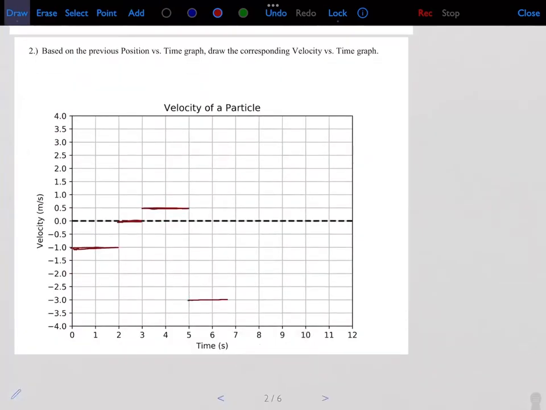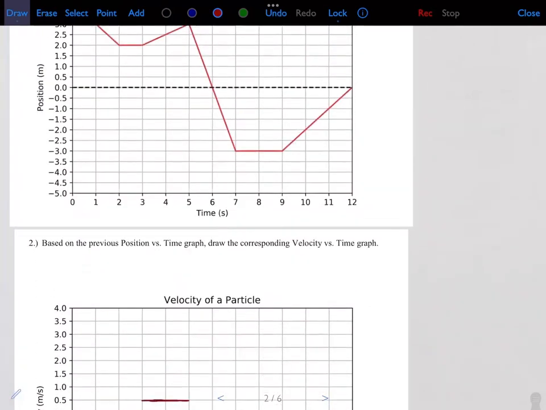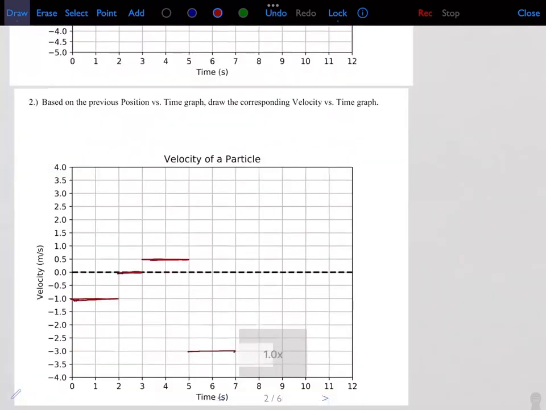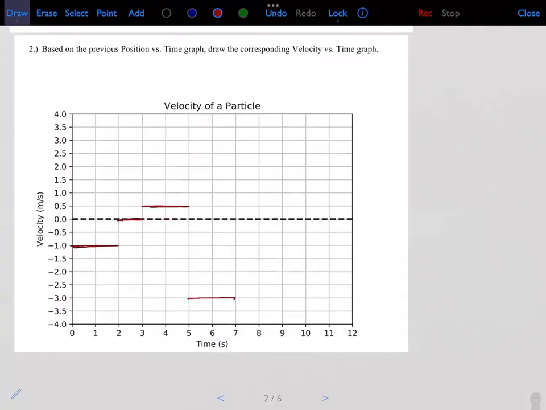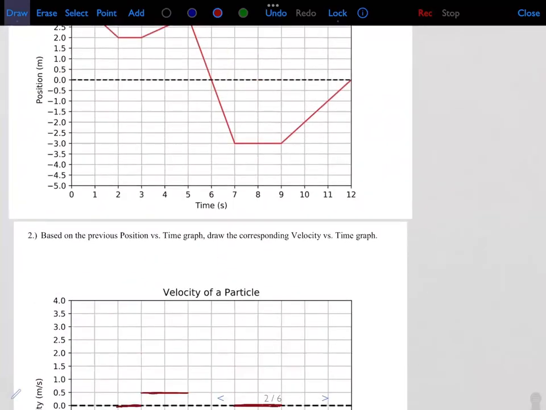So 5 to 7 is -3. And then 7 to 9 is 0 again. And then finally 9 to 12, it looks like the rise is +3, right? It's going from -3 to 0, so +3 up and then over 3 seconds. So 3 over 3 is 1, so this is +1.